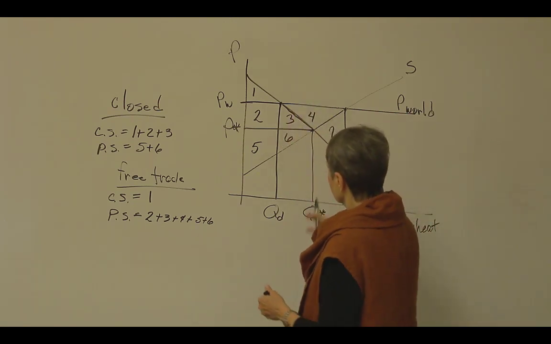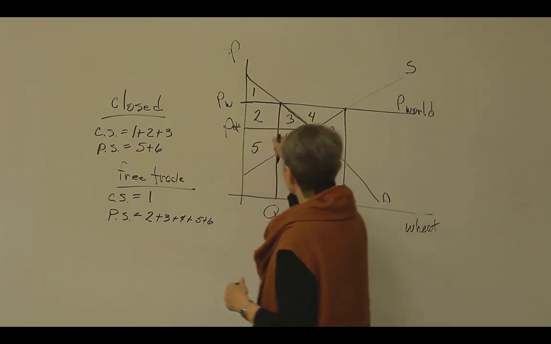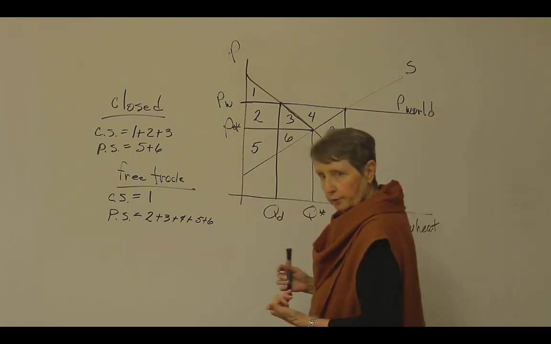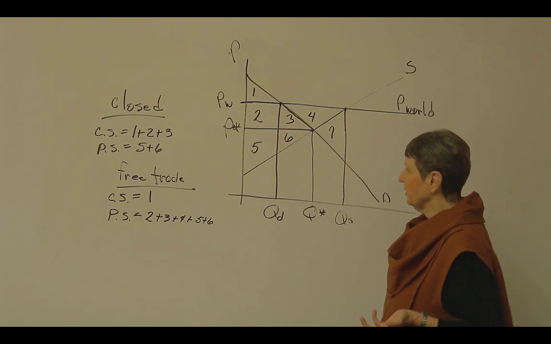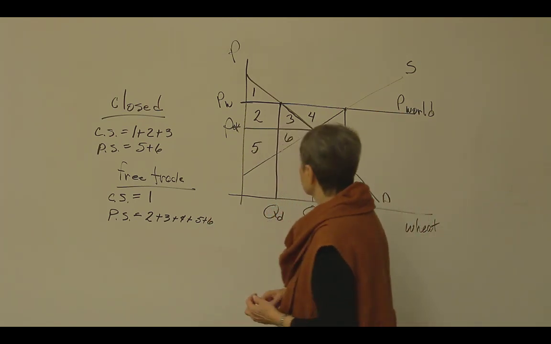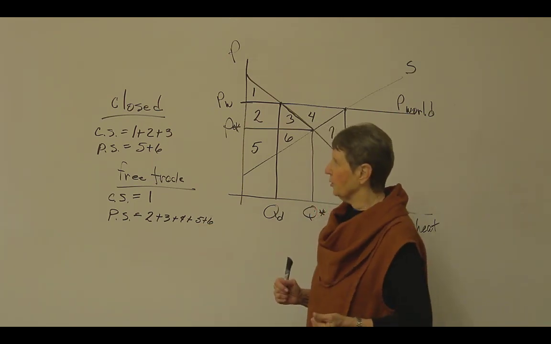So in the case of exports from the domestic perspective, it's the domestic producer that gains. In the case of imports, it's the domestic consumer that gains. But free trade means that both imports and exports happen.